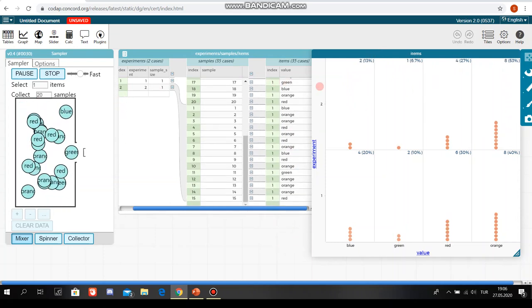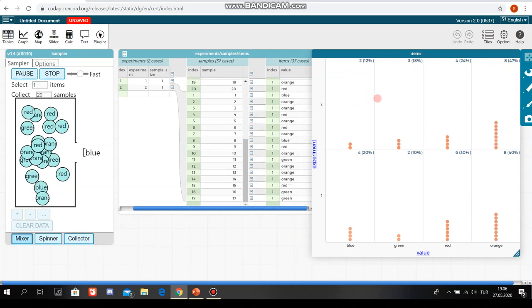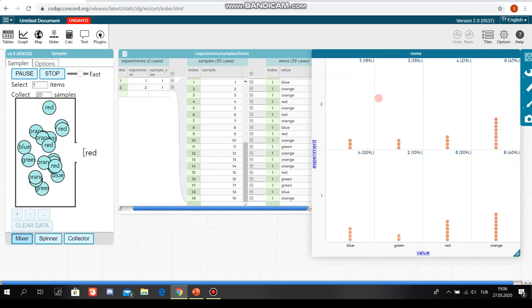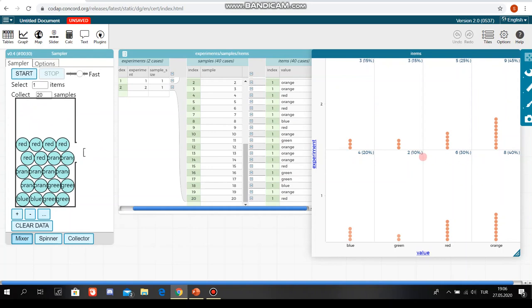It is again different than the first one this time. Blue marbles is 15%, and the orange ones are 45%, but we found orange marbles should be 40%.